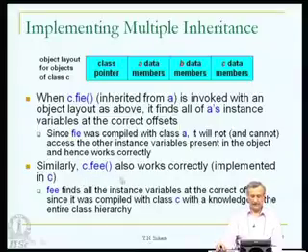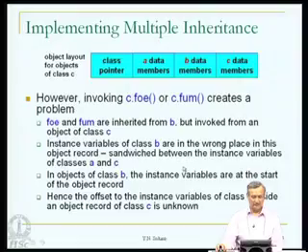Similarly, C dot phi implemented in C also works correctly, because we are assuming that A is first and then B. Everything was compiled together, A and B are placed and then C is placed. But C dot fo or C dot fum will not be proper.